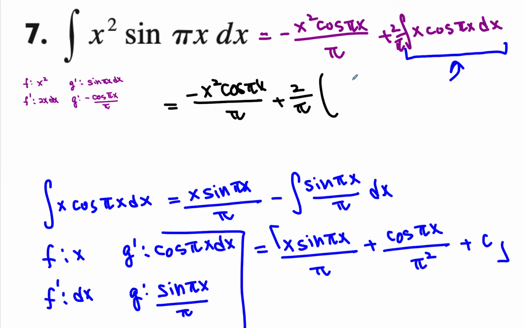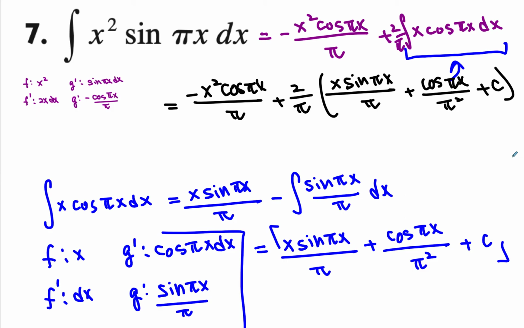So we get x sine of pi x over pi plus cosine of pi x over pi squared plus c. Alrighty. That was pretty long, but that's basically what we could have done. So as you can see, sometimes we might end up doing integration by parts twice. All right, let's move on to number 9.